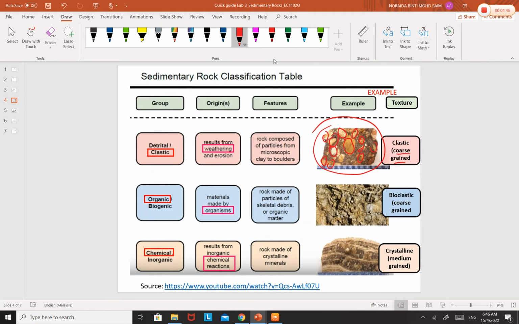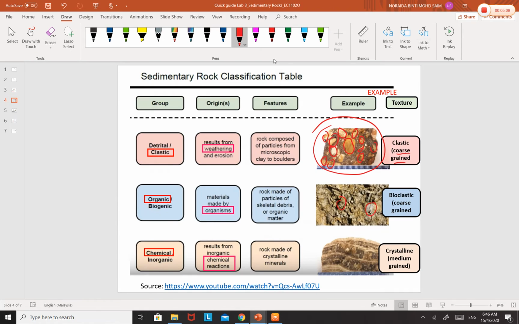Okay, contoh organic. The words of organic, kita tahu that the batu is formed daripada bahan-bahan organik ataupun fosil, made by organism. Contoh to identify dia adalah you look at the batu, you akan nampak like the animal bones or the plants kan. Contohnya ni, you can see that the shell kat sini ada macam tulang ikan and so on.